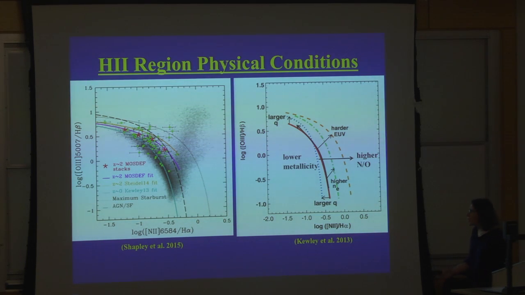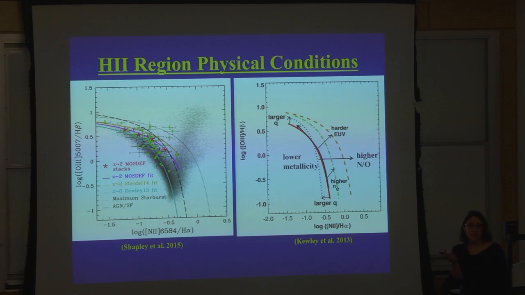There are various reasons why the distribution of high redshift galaxies in this space of emission line ratios could look different, and these are the various things that we're trying to understand. In these star-forming regions, if the spectrum that's illuminating the gas is harder, with more high-energy photons relative to low-energy photons, that might be one way the points would be offset this way.